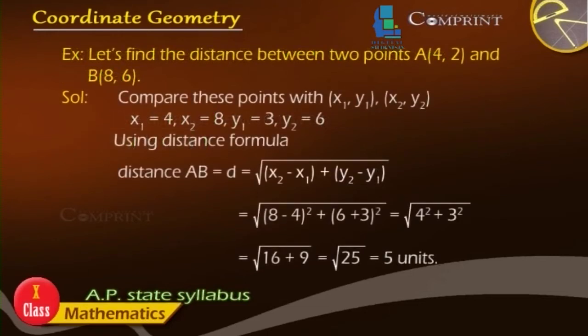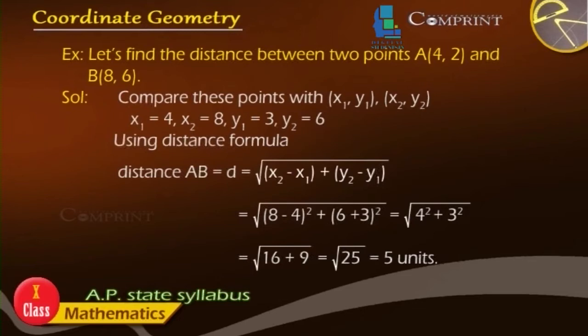Example: let us find the distance between two points A (4, 3) and B (8, 6). Solution: compare these points with (x1, y1) and (x2, y2). x1 is equal to 4, x2 is equal to 8, y1 is equal to 3, y2 is equal to 6.